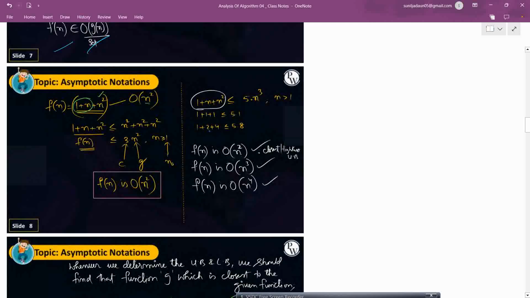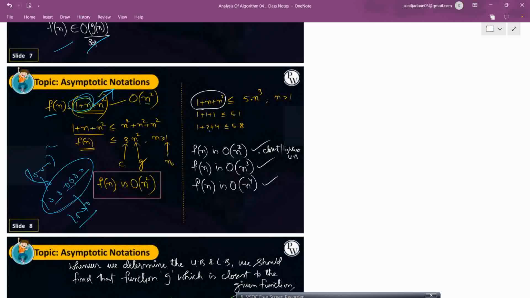So let's see how this works. For f(n) = 1 + n, if we increase the size of n, then 1 + n is negligible. Let's say n is 1000, then n squared will be 10 to the power 6, which is 1 million, and 1000 is negligible in comparison to this.